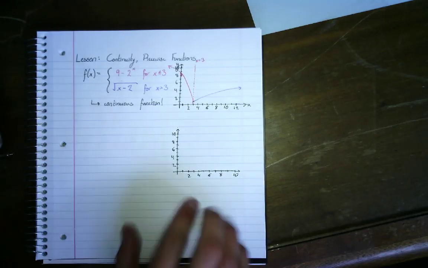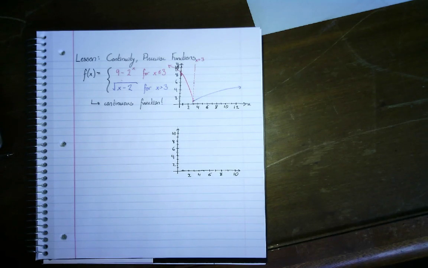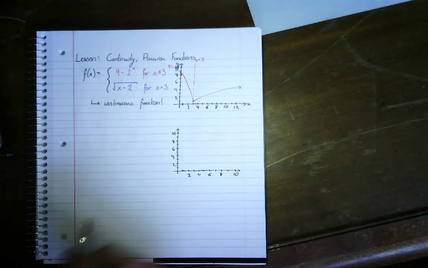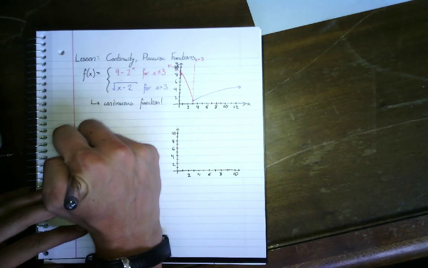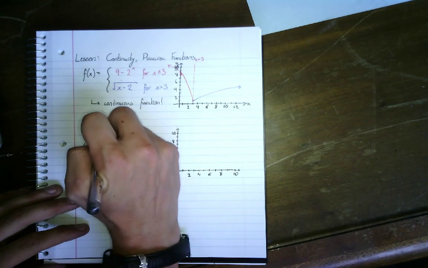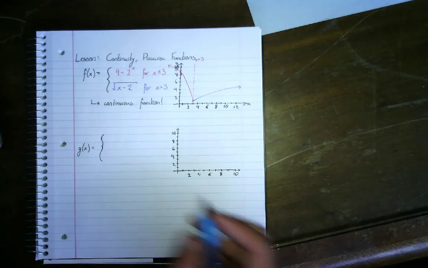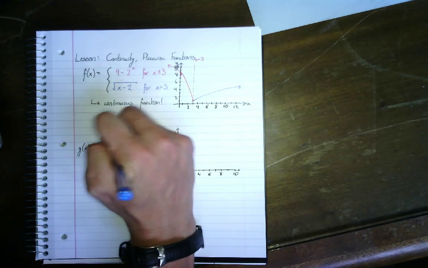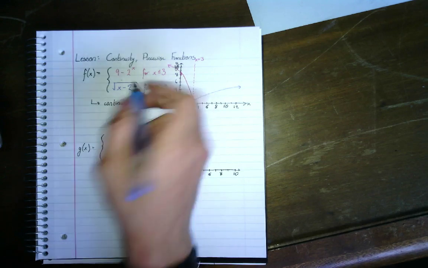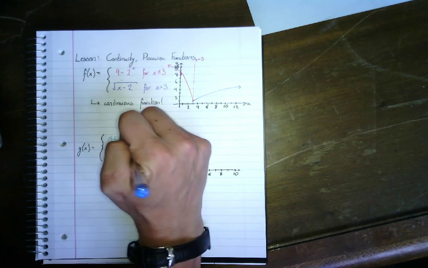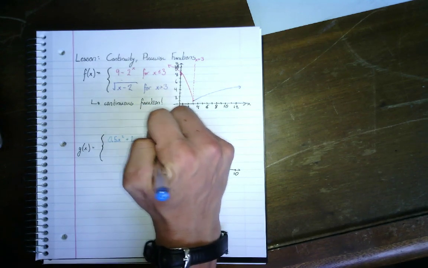So let's take a look at another function that might not be continuous, but actually discontinuous. That would be something like g of x, our function g of x being equal to 0.5 times x squared plus 1 for x values less than 4.